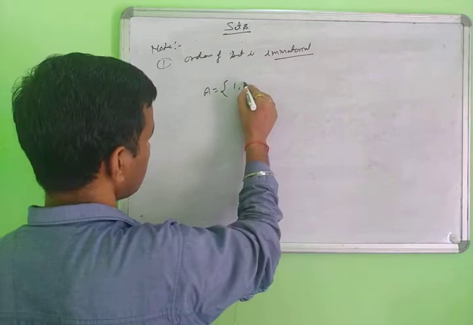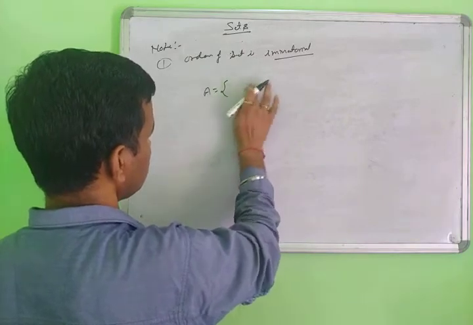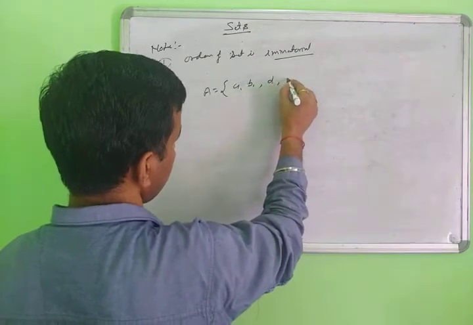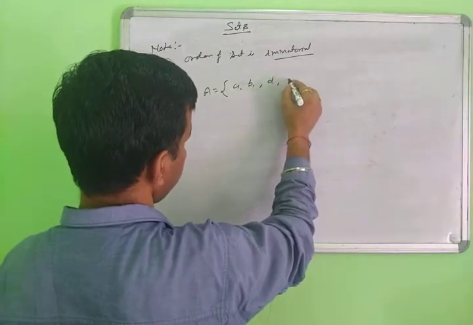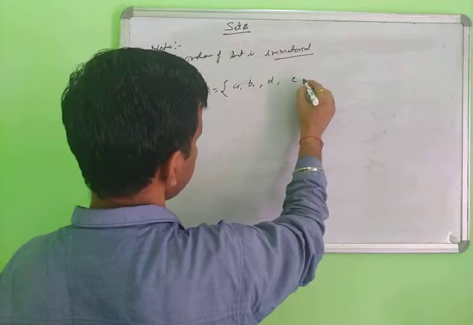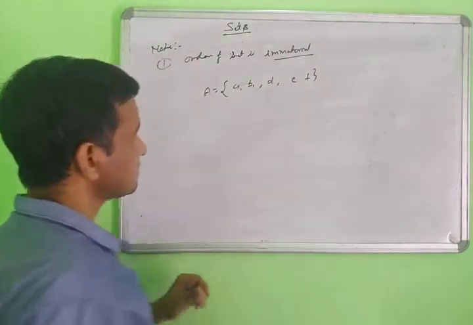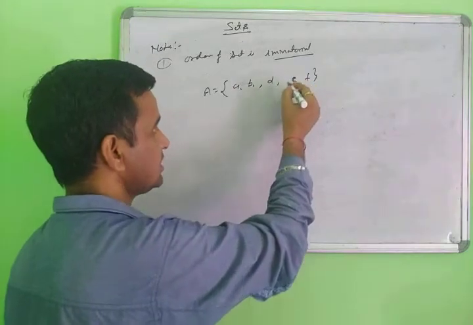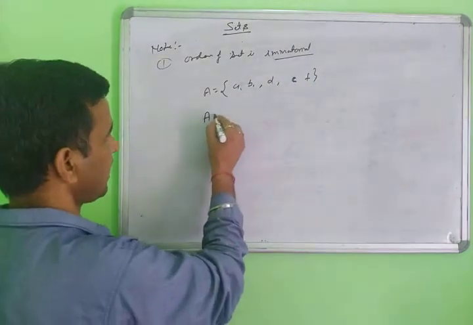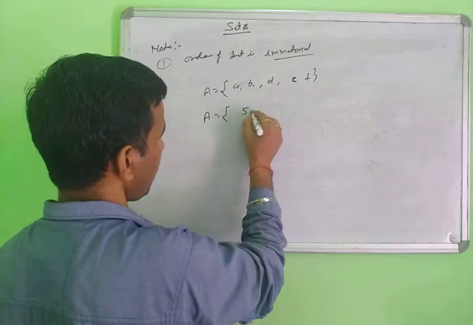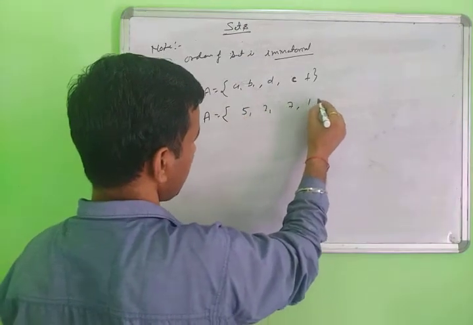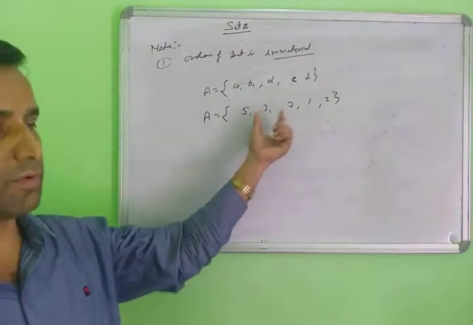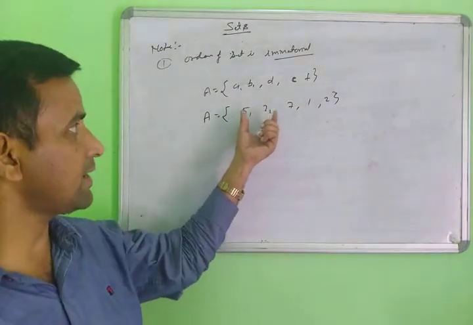Order of the set is immaterial means that when you write a set, for example A, B, D, C, F, you can change the order. Suppose you are writing numbers like 5, 2, 7, 1, 2: there is no fixed order, ascending or descending.